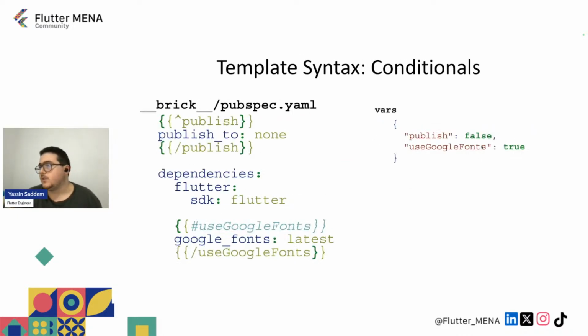If use Google Fonts is true, it will generate this line. If not, it will not generate it. And if you want to say not, like not doing that, we can do this. I don't know what the simple name is, so this is the ampersand. So if not, we can do this.